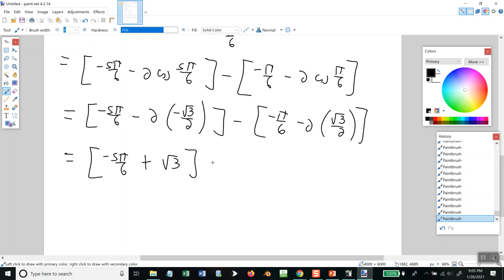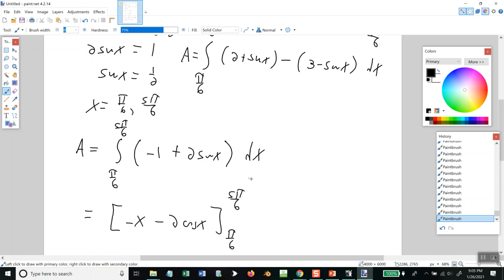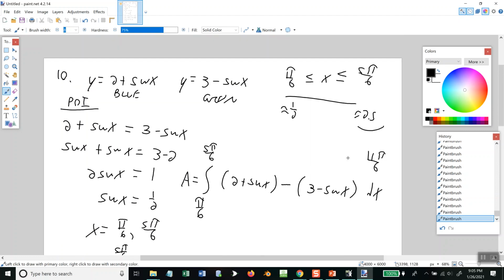I'll go ahead and carry that sign through. Plus pi over 6, 2's cancel, minus square root of 3. Negative 4 pi over 6, 2 pi over 3. Why do I have a negative? Did I screw up? Maybe close this through.